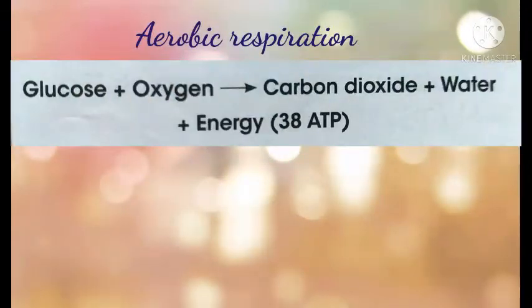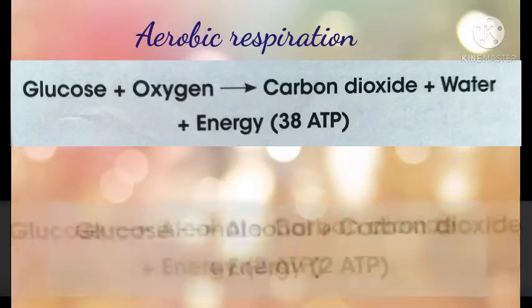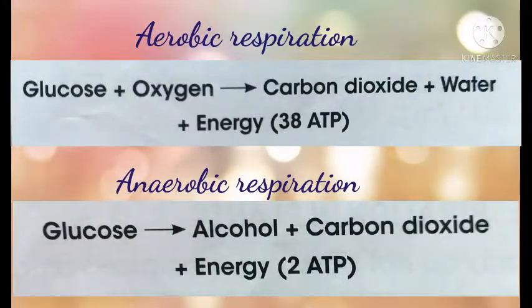In aerobic respiration, glucose is broken down completely into carbon dioxide and water in the presence of oxygen, releasing the energy in the form of ATP. In anaerobic respiration, glucose is only partially broken down, and the end products are ethanol, a type of alcohol, and carbon dioxide. The energy output in anaerobic respiration is much less than in aerobic respiration.